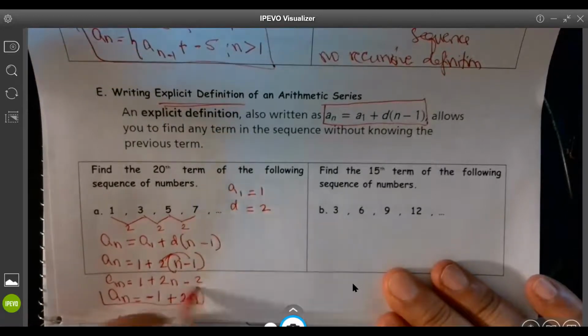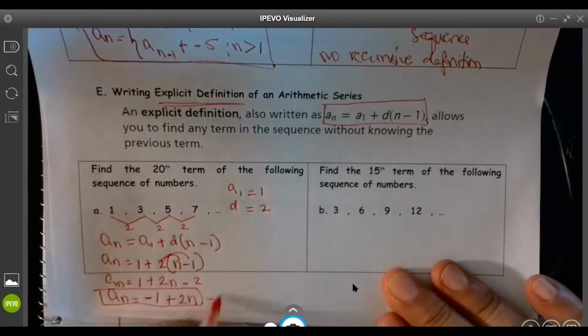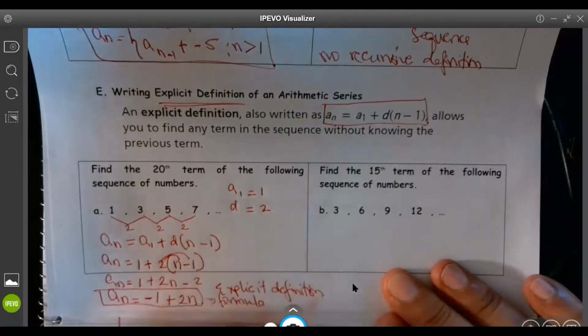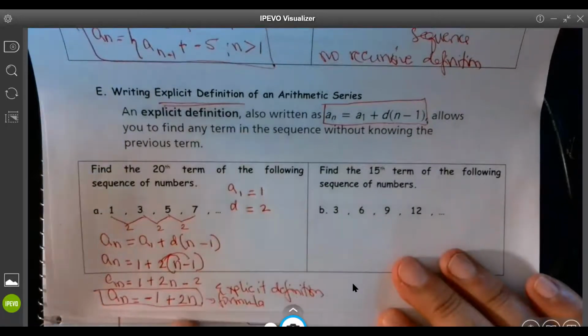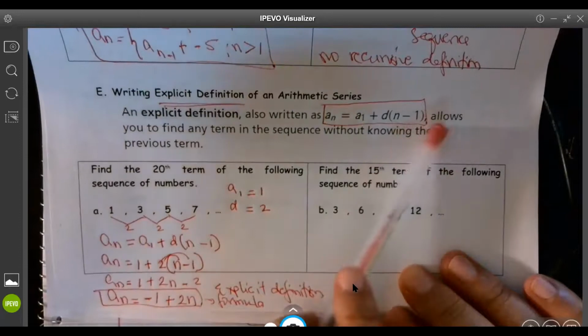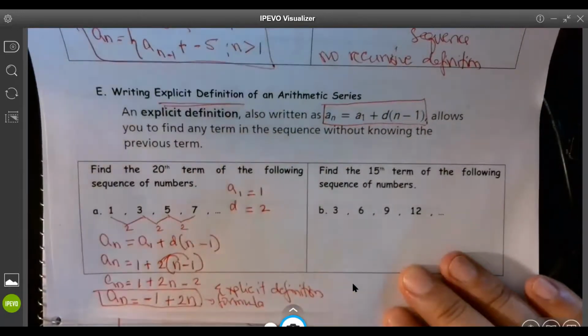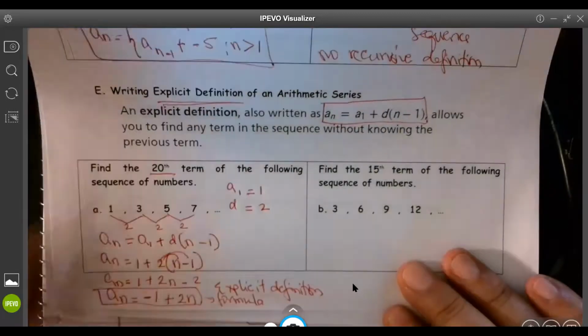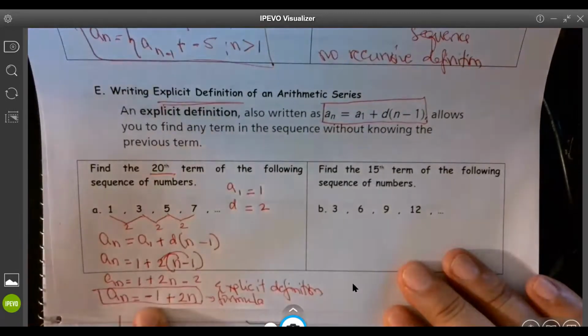So now this one is your formula, or your explicit definition. Explicit definition or explicit formula. And as I said a while ago, it allows you to find any term. Now let's try to find the 20th term. You now use this formula, okay?